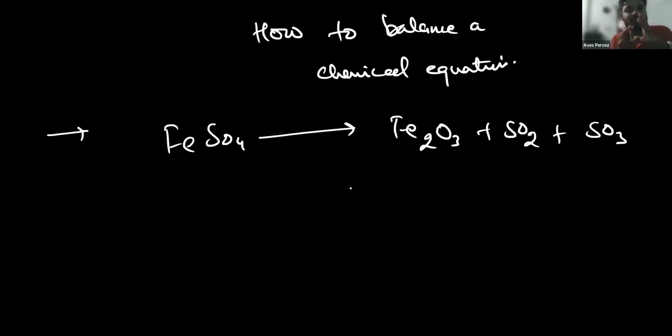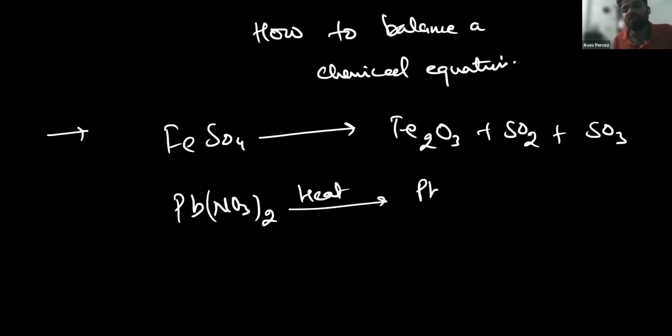And we will balance at last that element which exists in its elementary or molecular form. For example, if I have Pb(NO3)2 and I heat it, it gives you PbO plus NO2 plus O2.